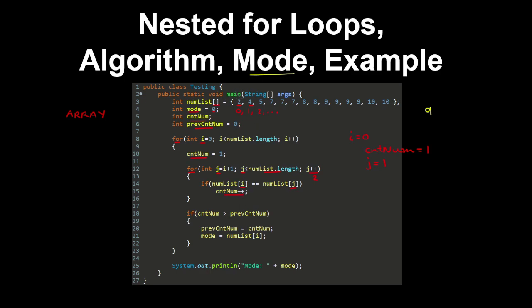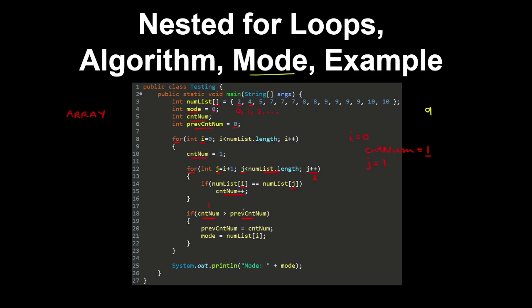So as we can see, there's no number in the list that's equal to 2, so countNum is not going to get incremented, it's going to remain at 1, until this loop is terminated when j is equal to the length of the list. And when this loop gets terminated, we compare the current counter, which is 1, to the previous counter, which we've initialized to 0.